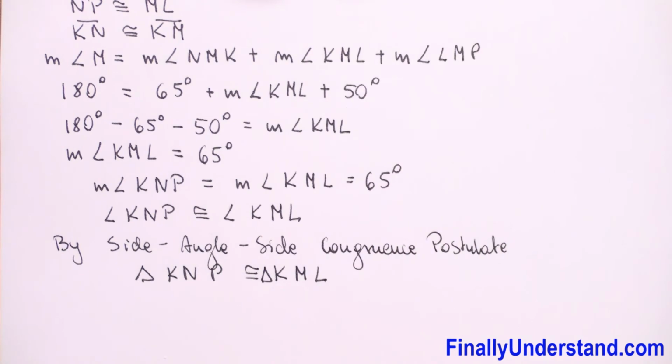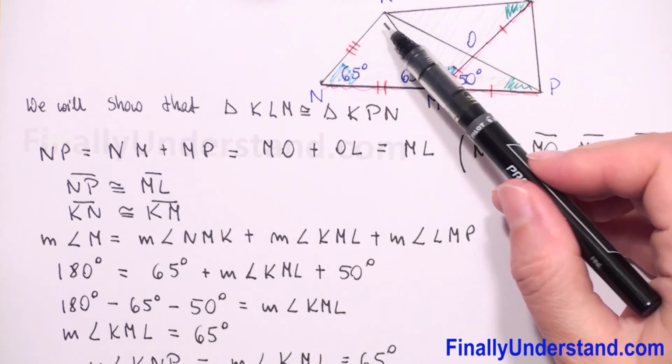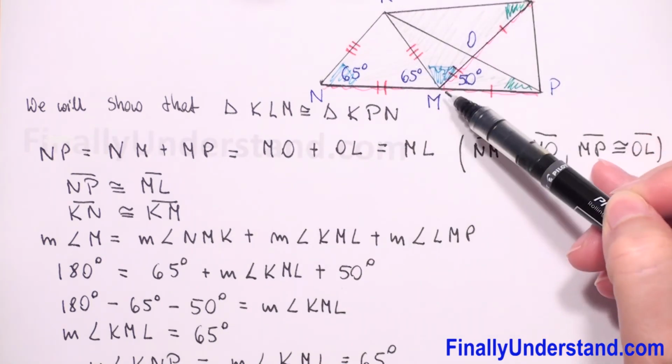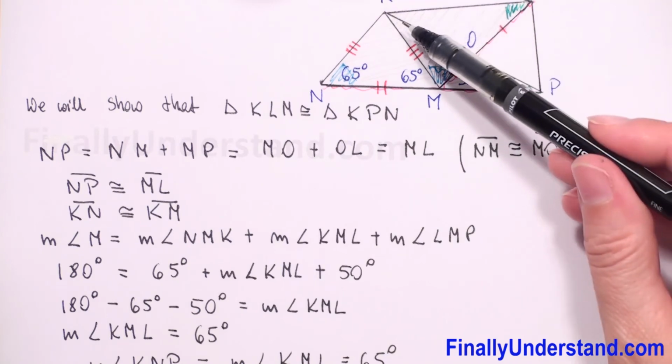So, because these two triangles are congruent, it means that corresponding parts of congruent triangles are congruent. It means that the angle KLM is the same like angle KPN.